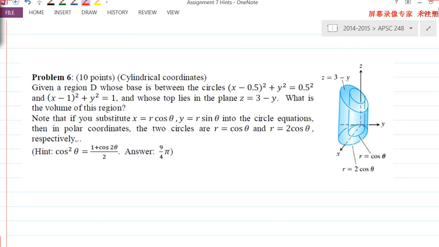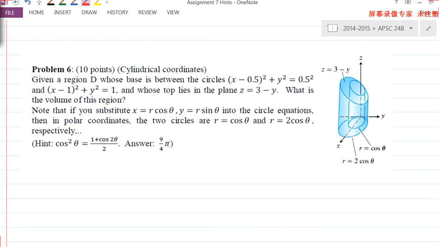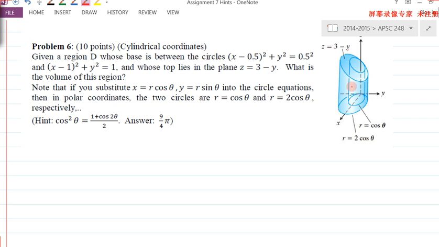Okay, so the last one here: use cylindrical coordinates to find the volume between two cylinders. One is the inner cylinder here, and the other top plane is z equal to 3 minus y, and also the bottom xy plane. Find the volume of that.